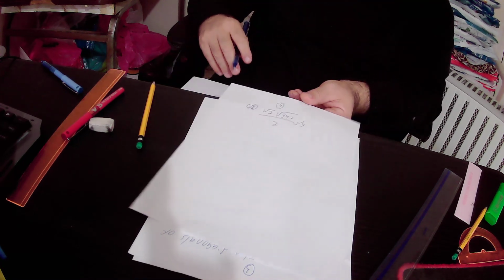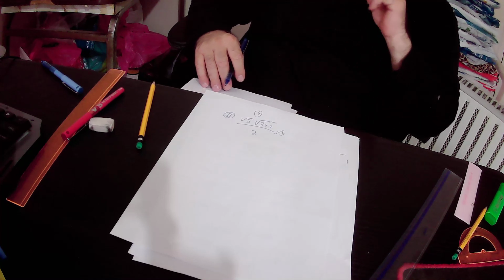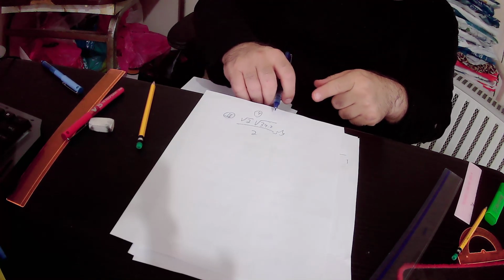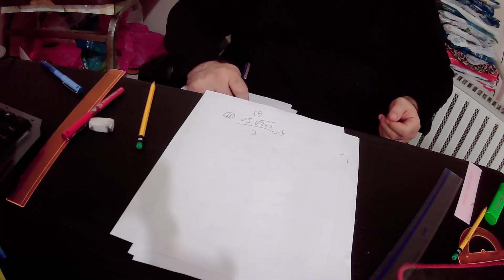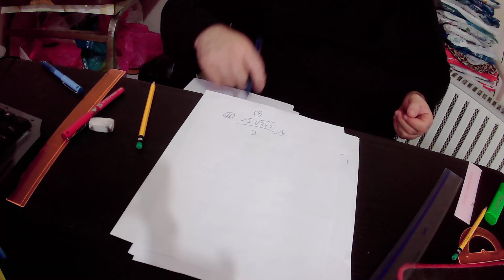We substituted 68 by 34 times 2. Here we can split the root into 2 roots. The root of 34 times 2 is root of 34 times root 2.